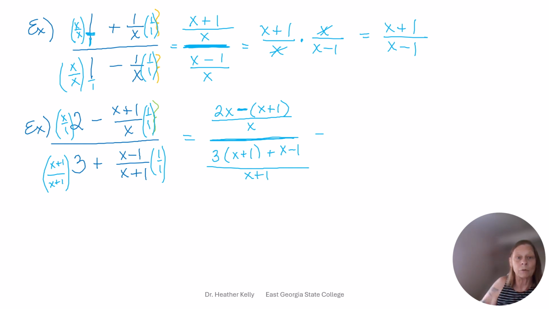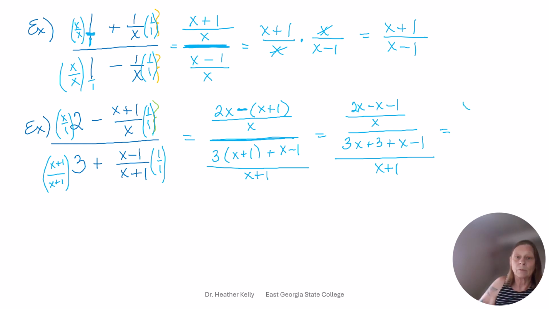Now we need to simplify each piece here. So this is 2x minus x is x. This becomes 2x minus 1 over x over, I'm just going to write them all out here, 3x plus 3 plus x minus 1 over x plus 1.